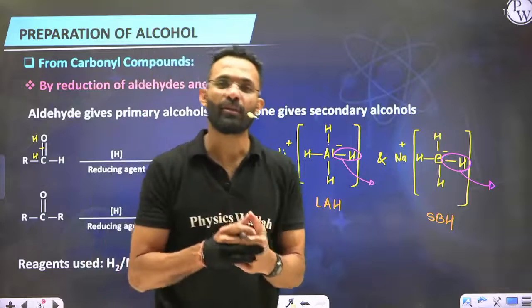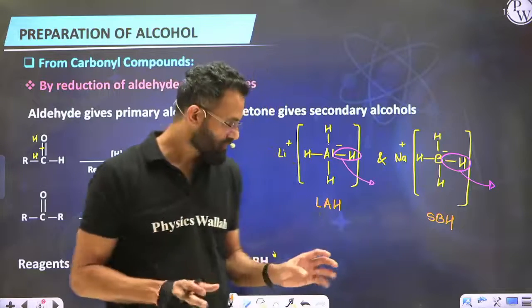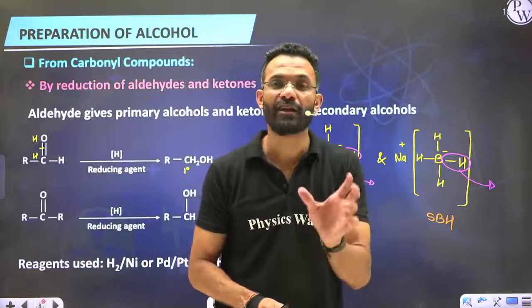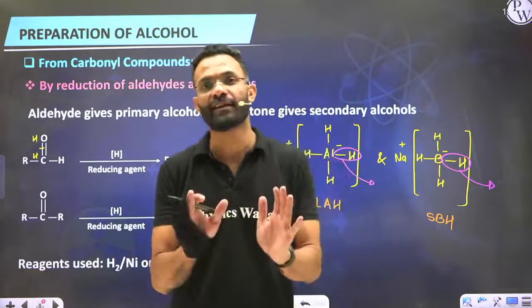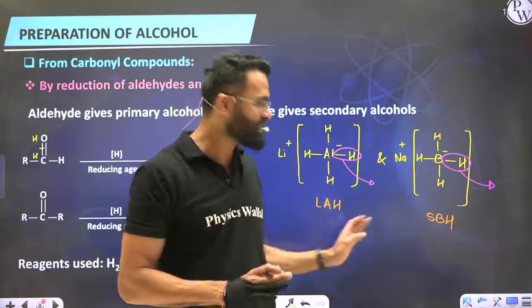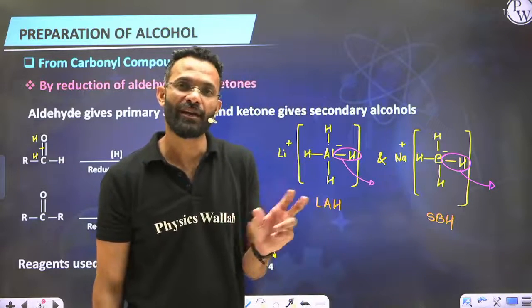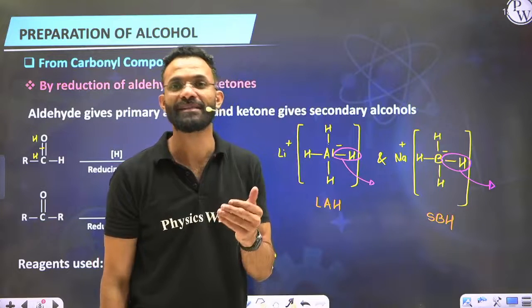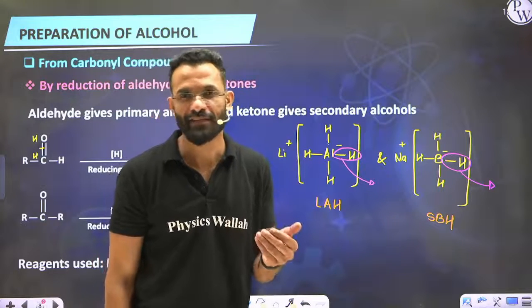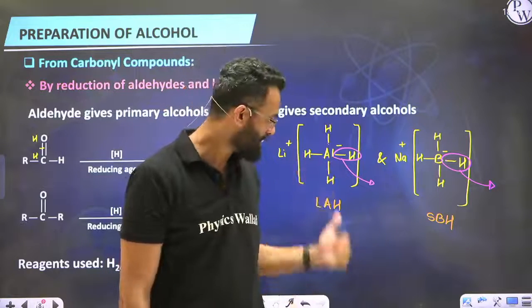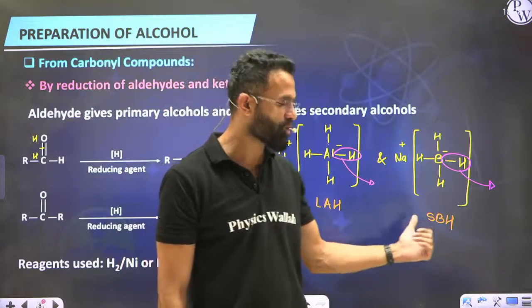But when you talk about a carbon-carbon double bond, neither lithium aluminum hydride nor sodium borohydride can reduce it. So olefinic double bonds are not reduced by either of them. However, if that carbon-carbon double bond is connected to a benzene ring, it's an exceptional case. Such a carbon-carbon double bond is found to be reduced by lithium aluminum hydride but not by SBH.